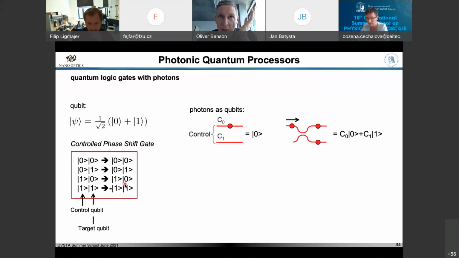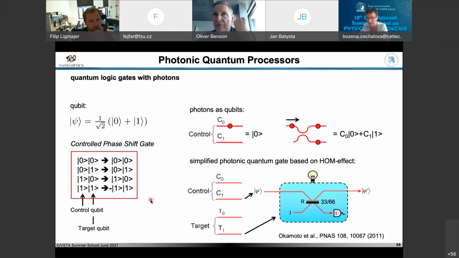If you can realize such a gate, this is enough. This gate and single qubit operations would be enough to build any quantum algorithm out of it. And you see, photons don't like to interact much, but for this so-called control phase shift gate, something has to happen when you have two of the qubits in state 1.